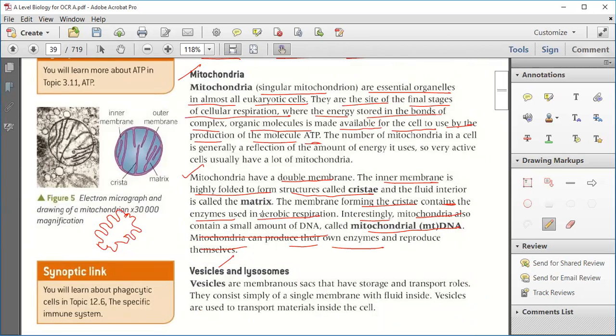Yeah, from the beginning, this chapter. Read it. Okay. Quickly read it. Yeah.